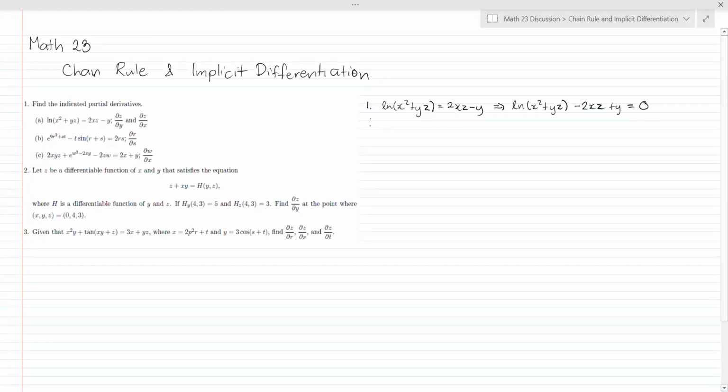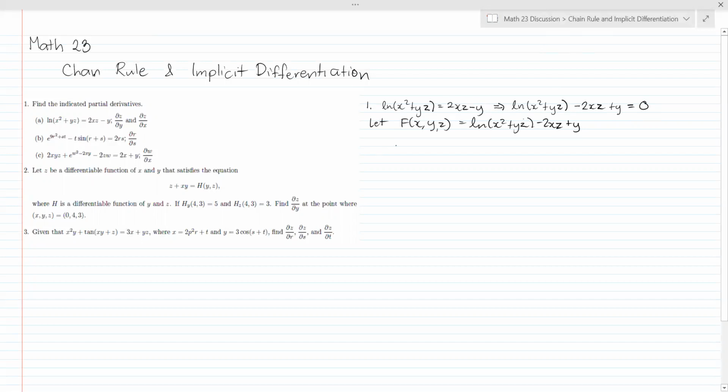Okay, so let f to be this. So this is equal to 0 nga.